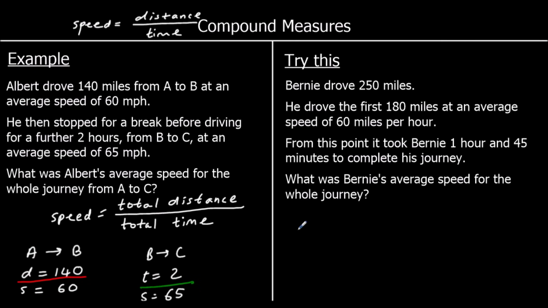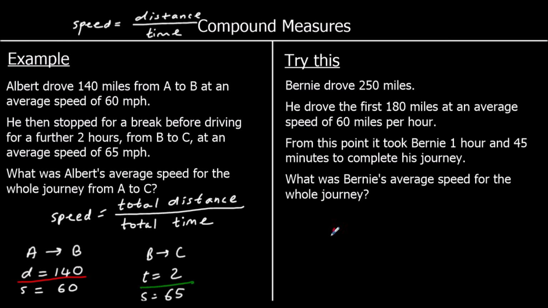Okay, a different question, one for you to try. Again, it's a speed, distance, time question. Try and give it a go, and then press play when you're ready for the answers. So we have Bernie drove 250 miles. He drove the first 180 miles. So again, it's a split journey.